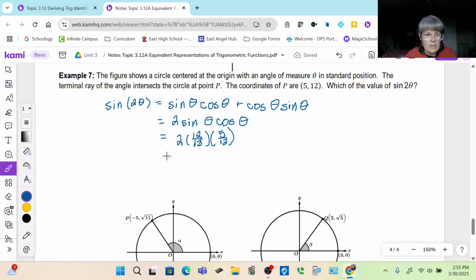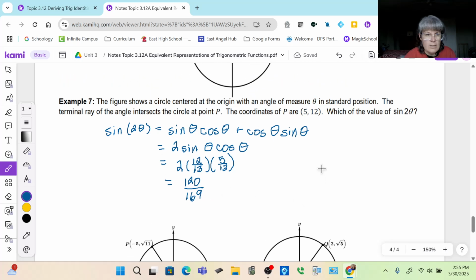And when we multiply this through, let's see, we'll have 5 times 12 is 60, times 2 is going to be 120 over 169. And that is the value of sine of 2 theta.